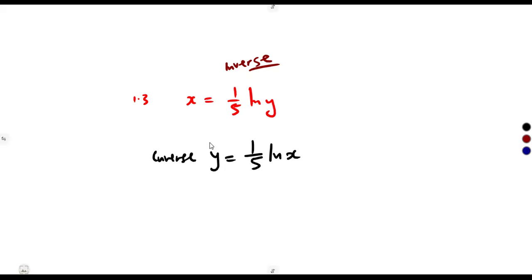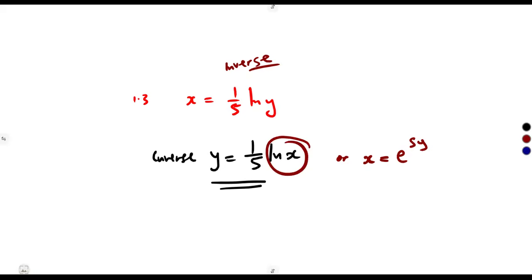So we are going to draw the graph of what? Y is equal to 1 over 5 ln X, this one. Or if you wanted to have X as the subject, remember you interchange X and Y, then you make X the subject. It was going to be X is equal to e to the exponent of 5y.